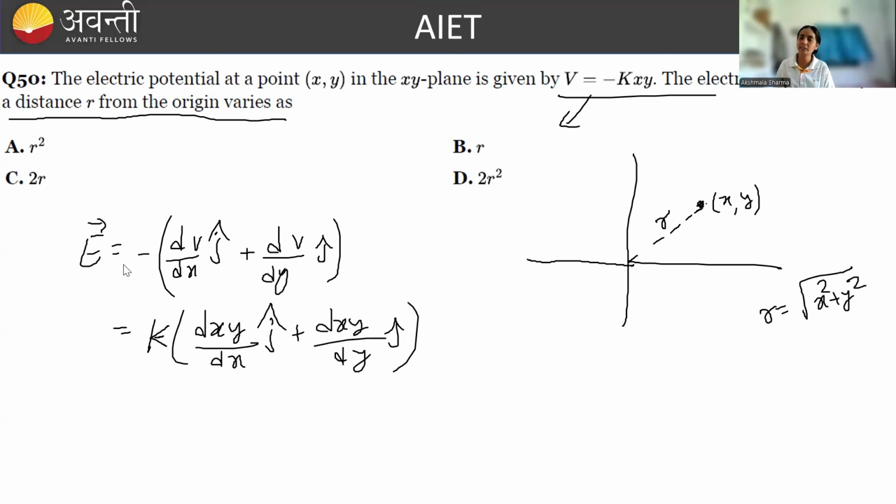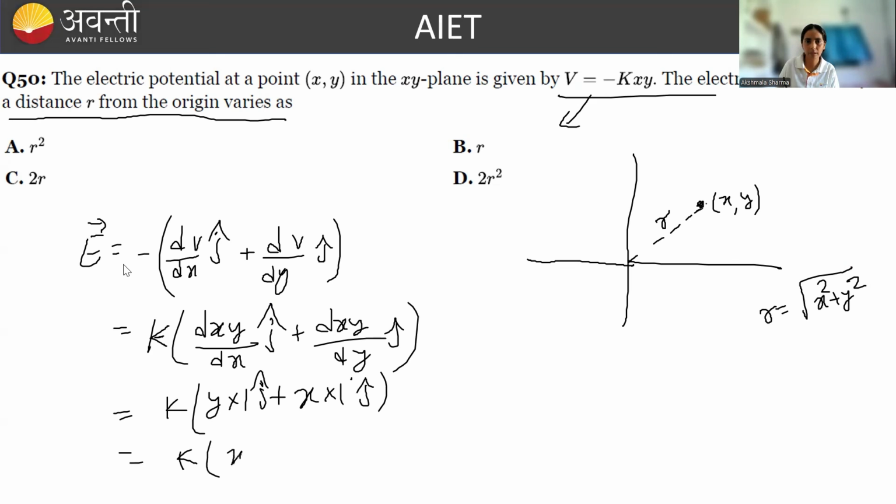When we are differentiating with respect to x, we will treat y as a constant. So here k, y will become constant, dx by dx is 1, and here also x will become constant, dy by dy is 1, and this is i cap and this is j cap. So the electric field is k times (x j cap plus y i cap).